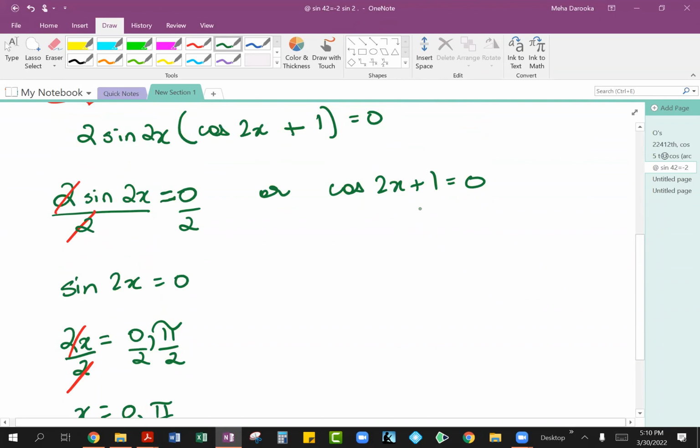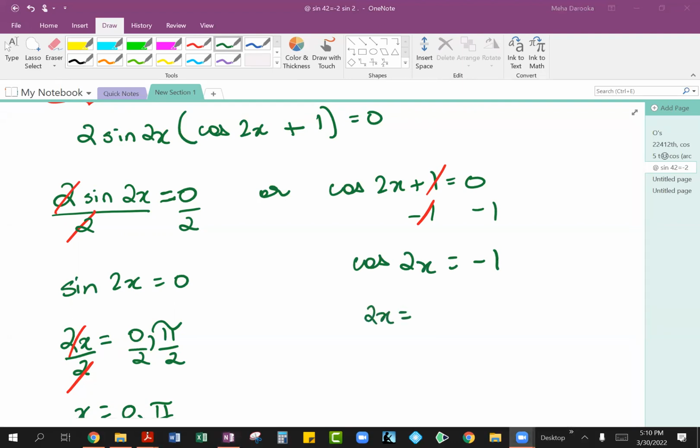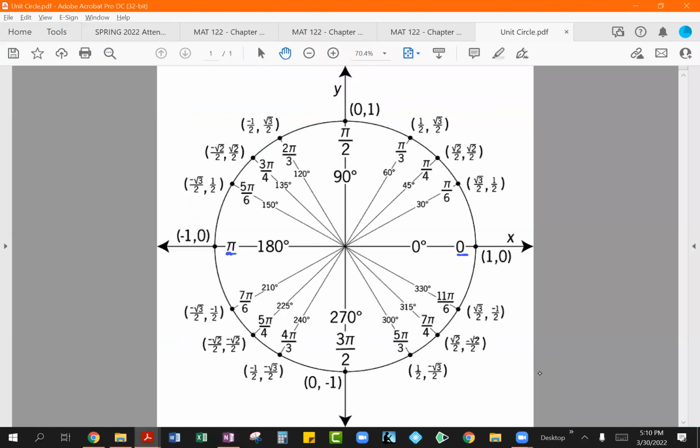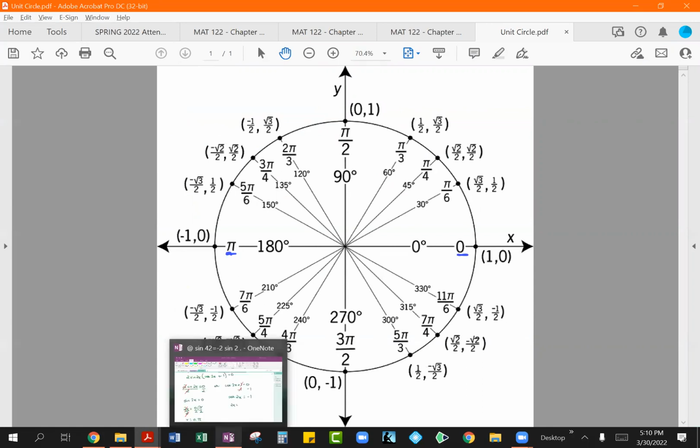And then on the other side, you have cosine. So let's see, start by subtracting the 1. Same thing, we want to try and get our function value. So now think about for what values of the angle is our cosine going to be -1. Where is our cosine function equal to -1? There's only one angle where you will have that.